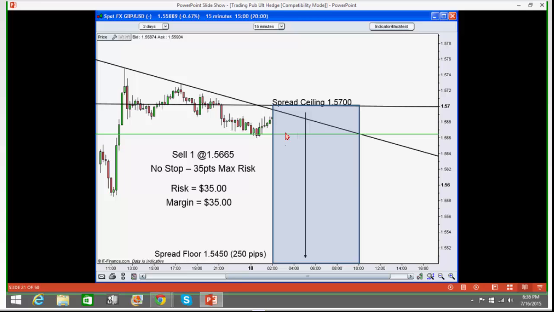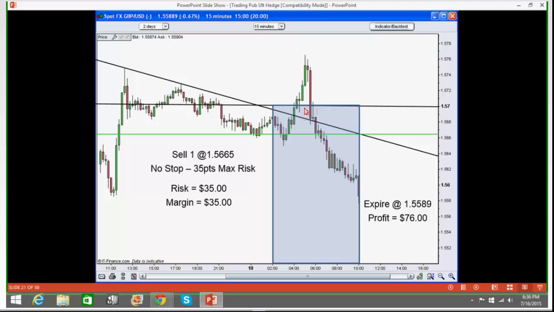It pops up, now I only had to put up 35 bucks. Pops up against me, I only lose money till right here. I don't lose money up here. I only lose money to right here. Then it comes back, boom, made 76 bucks per contract. The example before was 10 contracts, 760 bucks.